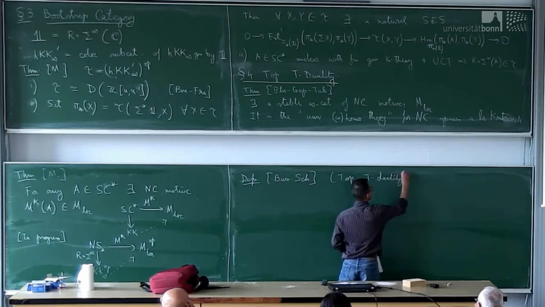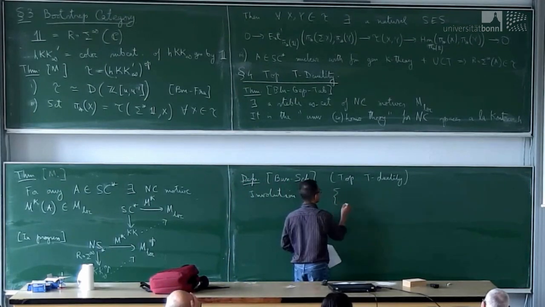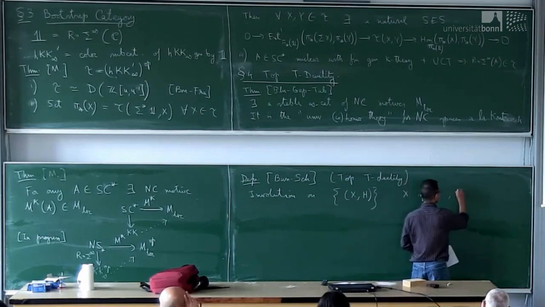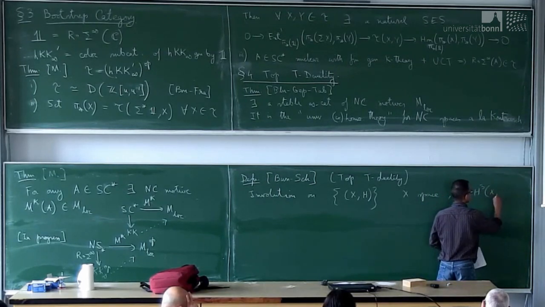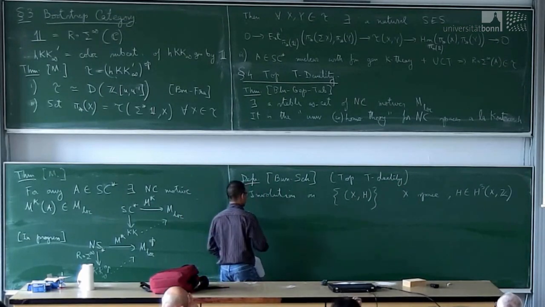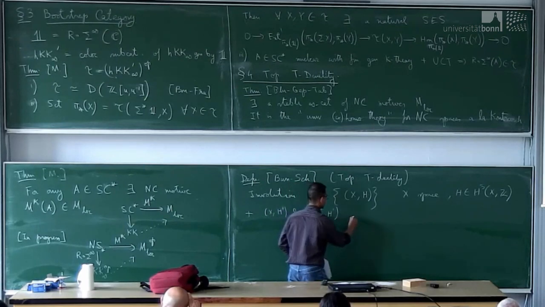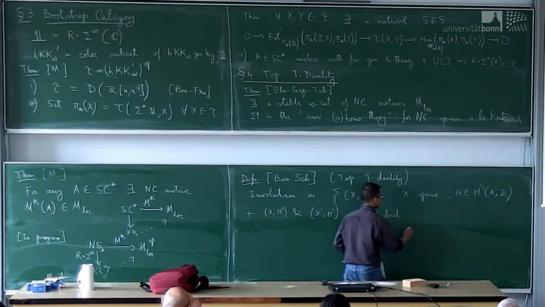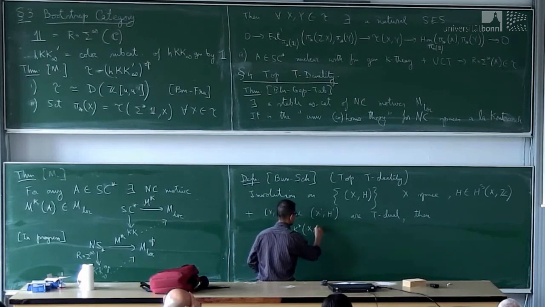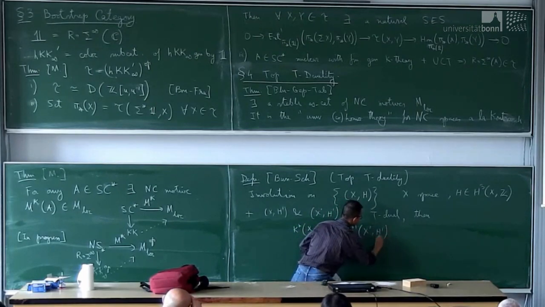So topological T-duality is just an involution, if you like, on a set like this, where X is a space and H is some integral cohomology class, and you want some property that if (X, H) and (X', H') are T-dual, then there is some twisted K-theory isomorphism, an isomorphism with a shift.